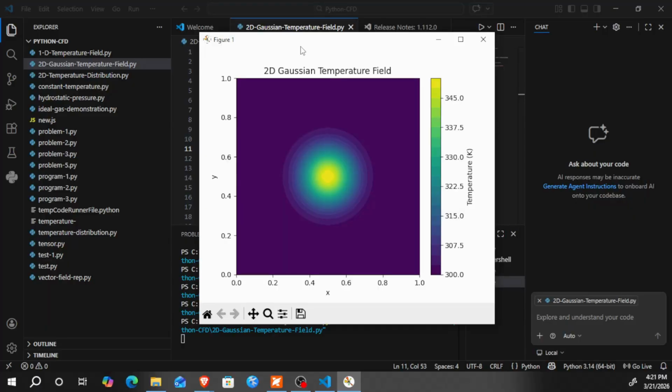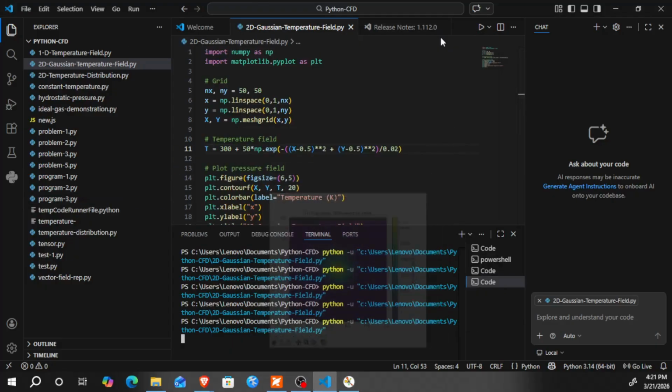Here the temperature source lies at the middle of the flow domain, and as we move away from the center, the temperature decreases. This is something we expected from the Gaussian equation, which is modeled in this line here.